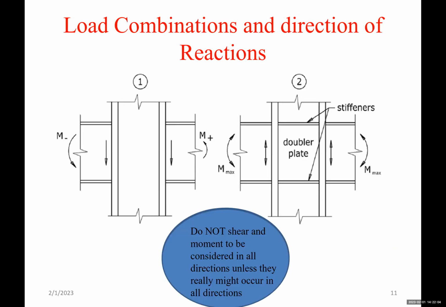Okay, load combinations and direction of the reactions. So depending on the load that's applied on the element, we will have a direction for the moment. So the moment could be in one direction. If it's a gravity load, okay, the direction of the moment is known.